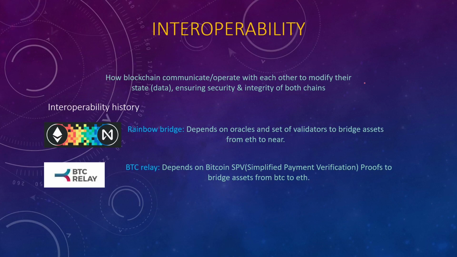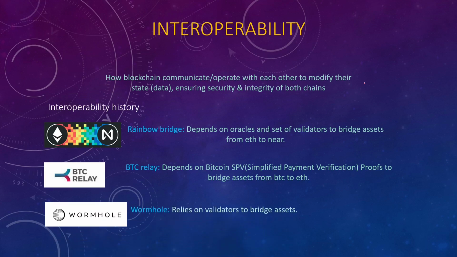BTC Relay depends on Bitcoin simplified payment verification proofs, SPV, which is a transaction verification mechanism, to bridge assets from BTC to ETH. After that, we have Wormhole, which bridges assets from one chain to another, relying on validators.